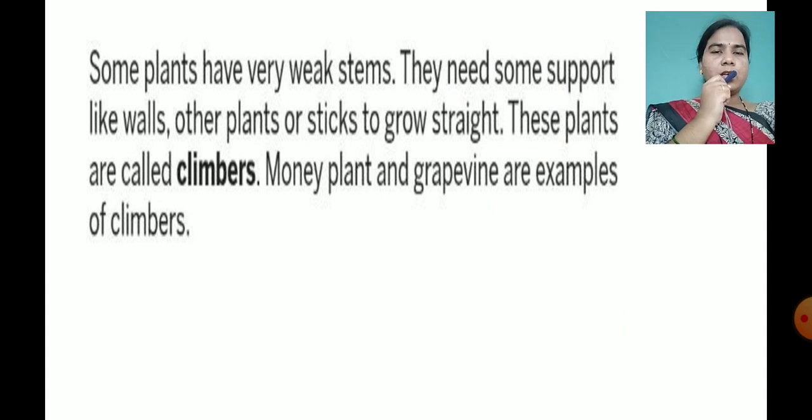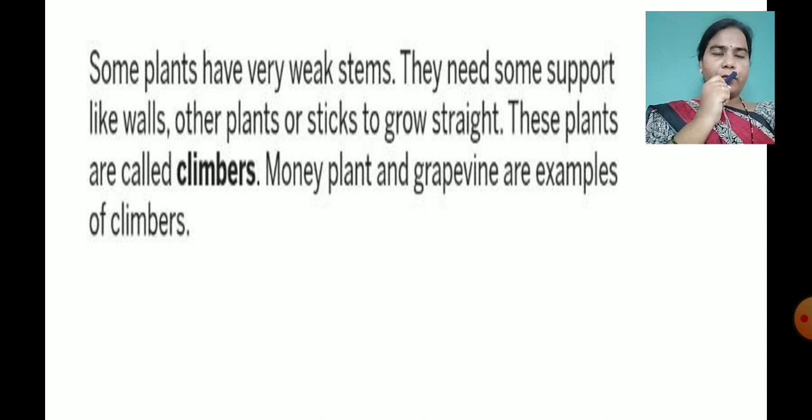Now next one, some plants have very weak stems. They need some support like walls, other plants or sticks to grow straight. These plants are called climbers. Money plant and grapevine are examples of climbers. Now children, we are looking at climbers. What is meant by climbers?